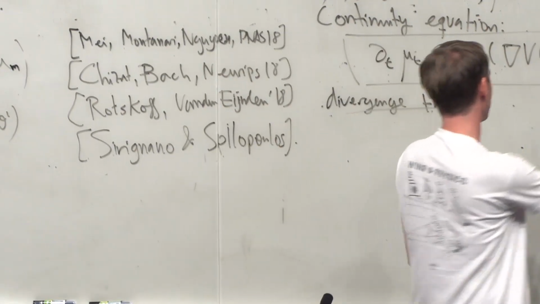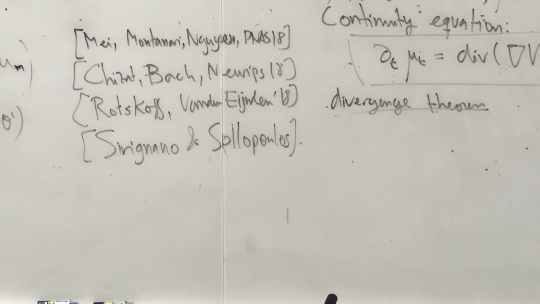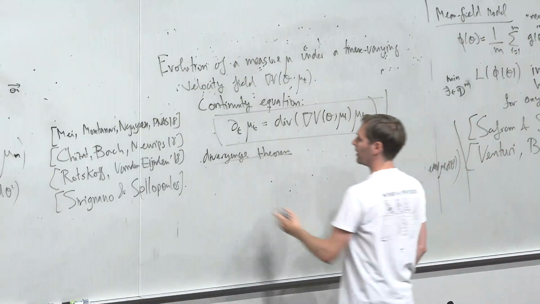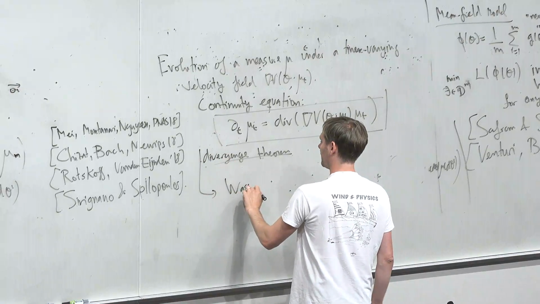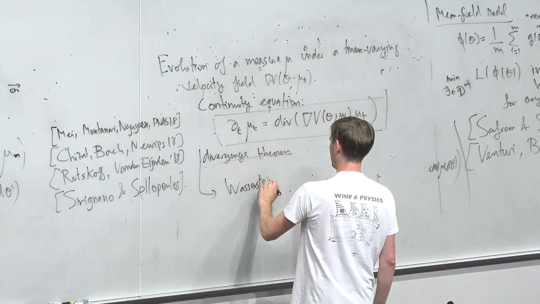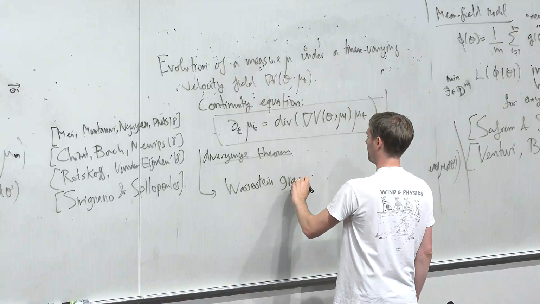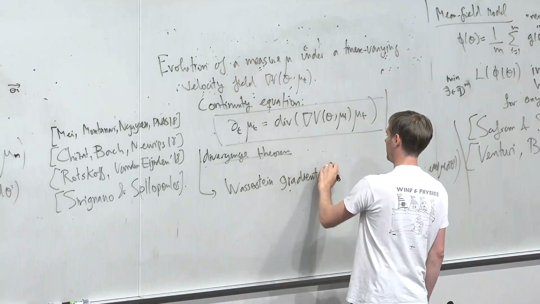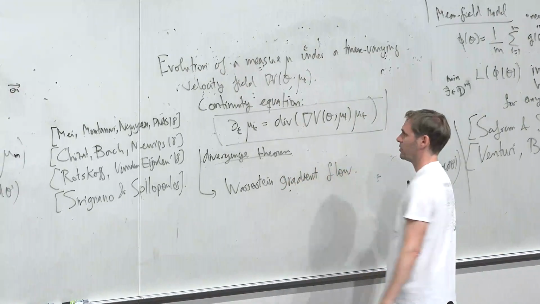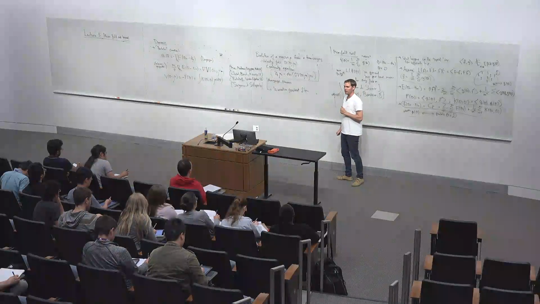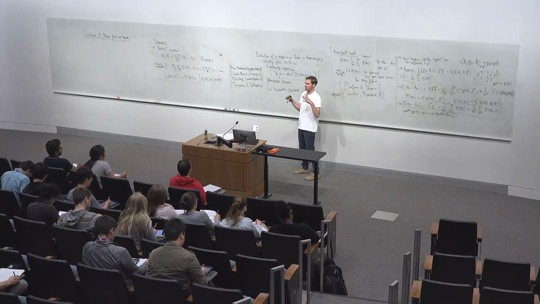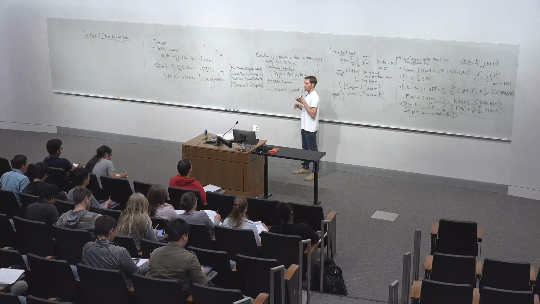So in fact, there are many things that we could say about this, but time is a little bit pressing. But in particular, you can interpret this equation as what's called a Wasserstein gradient flow. So in other words, this equation is describing the infinitesimal behavior of, I have a measure, and I want to minimize the energy function.